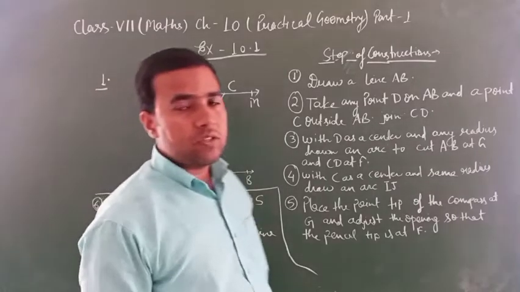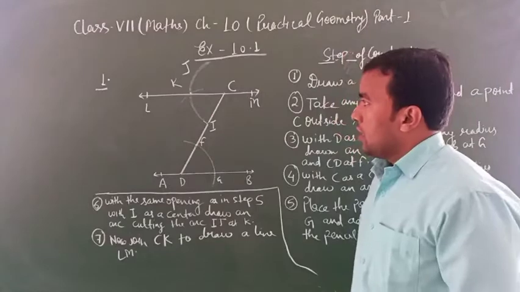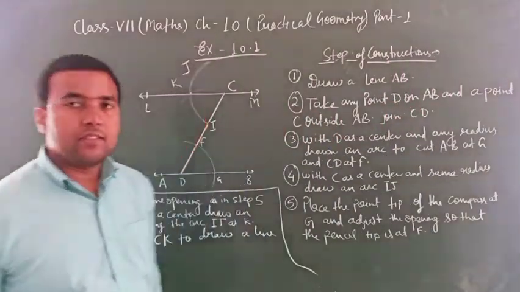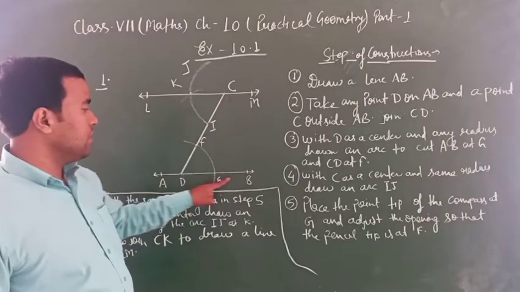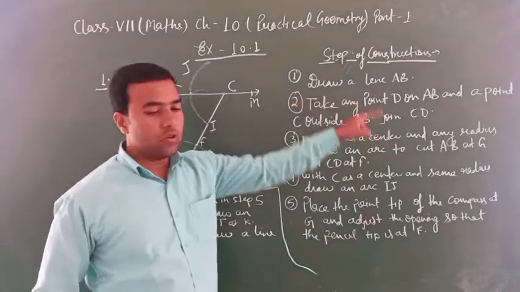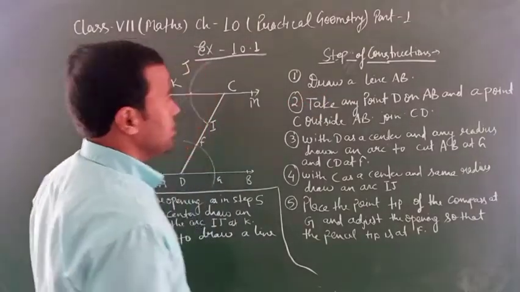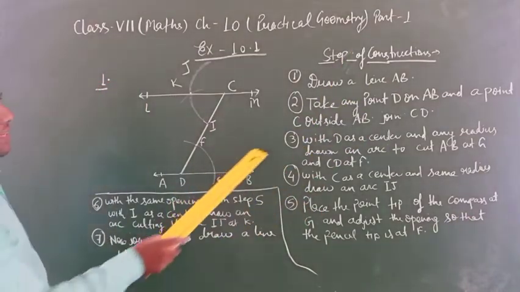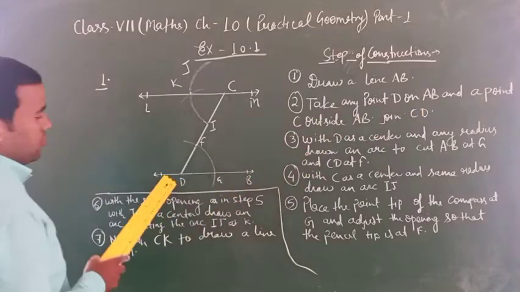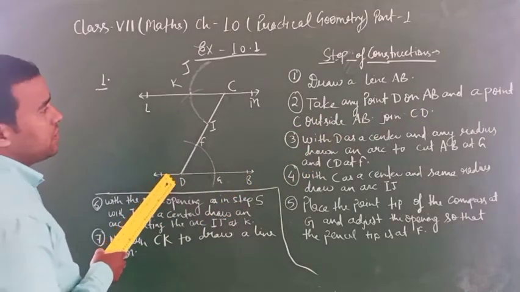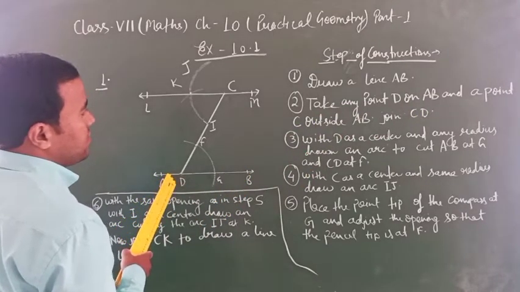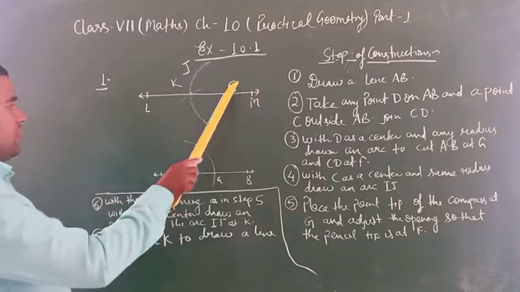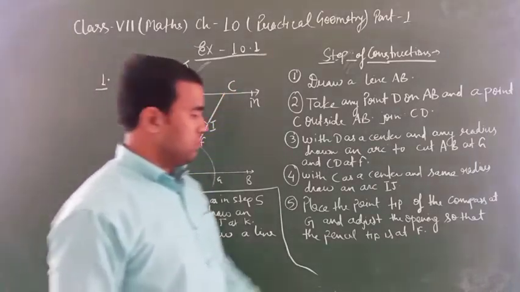Clear? Once more I am telling you. If the question is telling to draw a line, say AB, the first point I told you is to draw a line AB. Second point, take any point D on AB and a point C outside AB. Join CD. Clear?